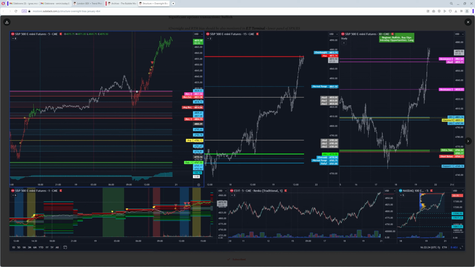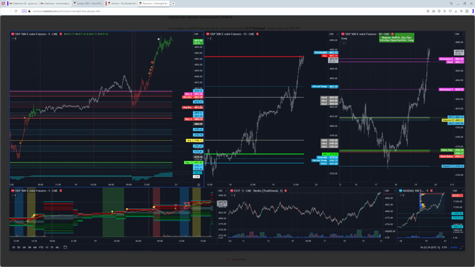So this is like 1 unit of risk profit here, 2, 3, 4, 5, 6, 7, probably about 8 units of risk. So we risked 2 initially, then we moved to 1 or to 0 actually, and the market moved 8 units of risk up.